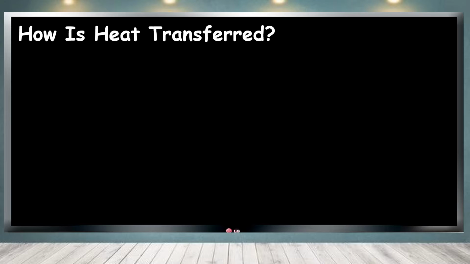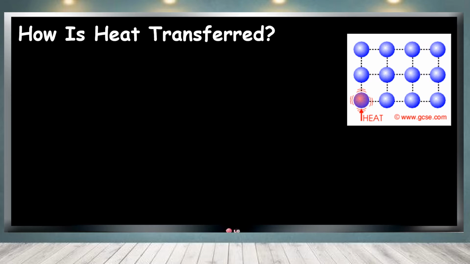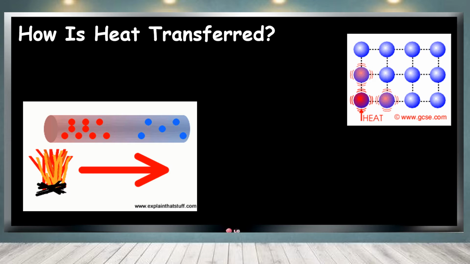So how is heat transferred? As I said a while ago, when there is heat, a molecule will move, and when one molecule moves, it will touch the other molecules and cause movement in others. Look at this one.